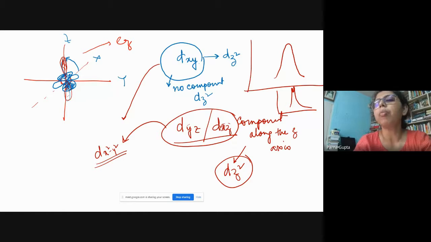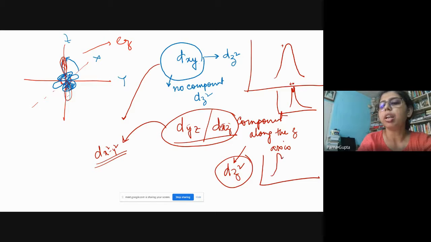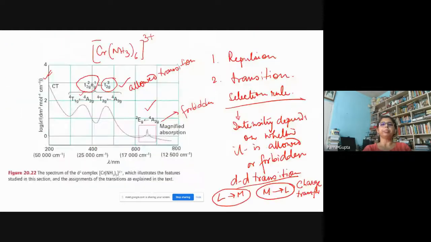So if the energy difference is very small, then it comes as a single band. Unless the energy difference is a little bit larger, it is not reflected. So with all these things and the selection rule we will take care of, you have these spectra. So this is the spectra apart from the charge transfer.